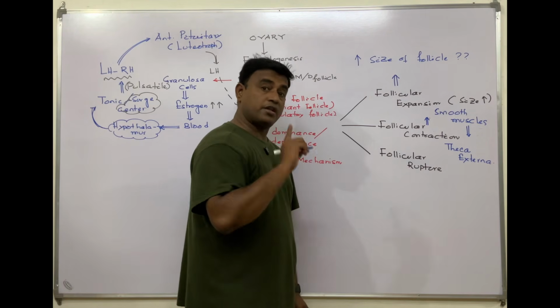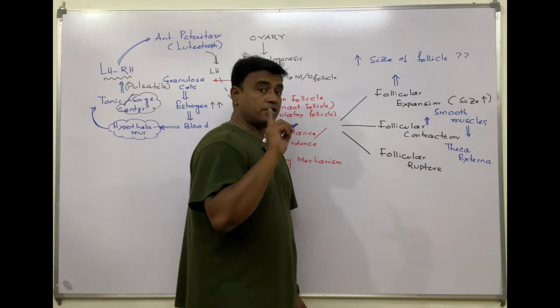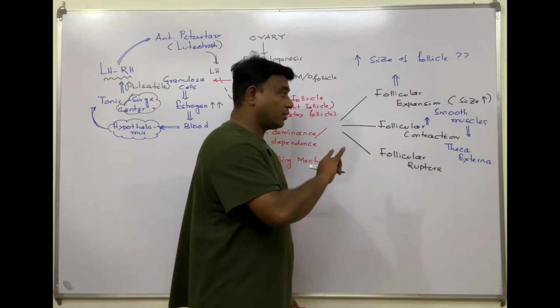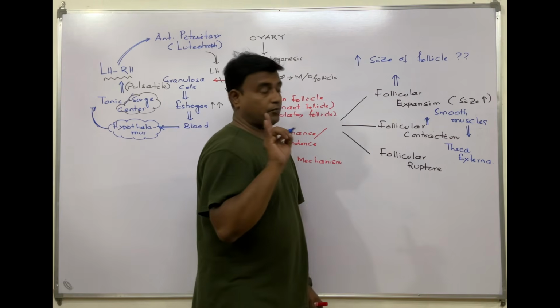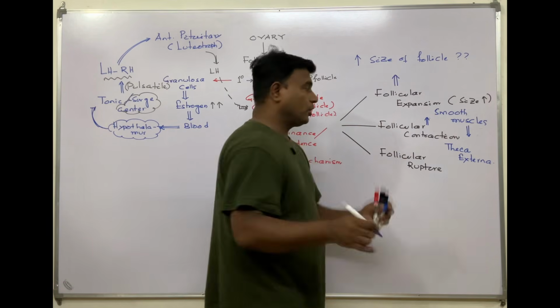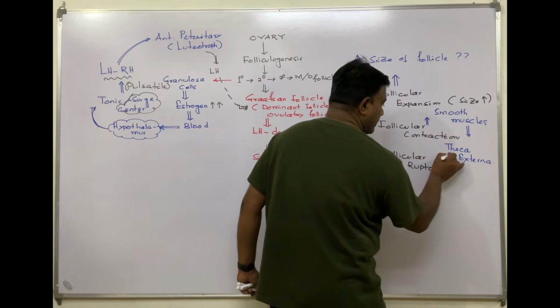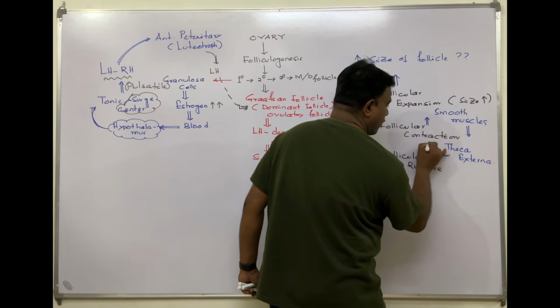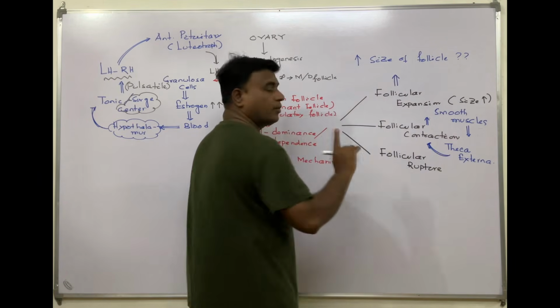But PGF2 alpha is predominant. PGE2 causes repair, PGF2 alpha causes rupture and contraction. And these things we are going to discuss in detail. This actomyosin mechanism now causes the follicle to contract so that there will be rupture.